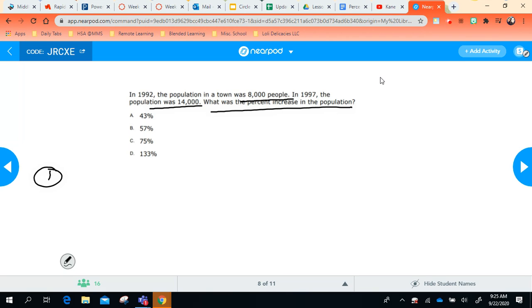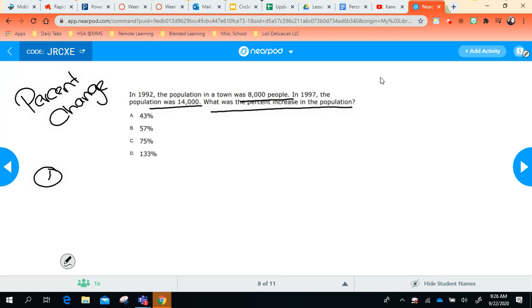Here we're also writing percent change. Underneath the word problem, you are writing the steps. Step 1, you're going to write the steps, 1, 2, and whatever I write.